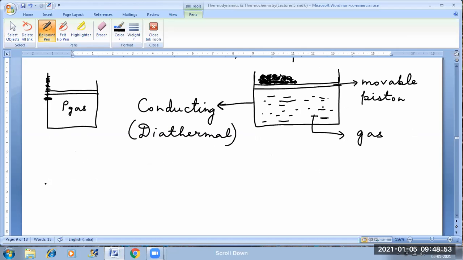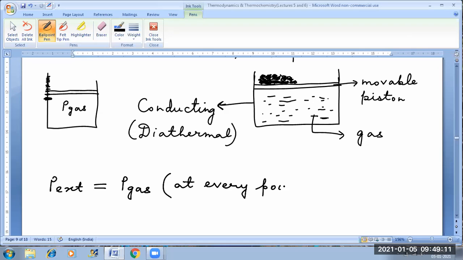What do I mean by equilibrium in this case? I mean that the external pressure is the same as the pressure of the gas inside. This is true at every point in a reversible process.